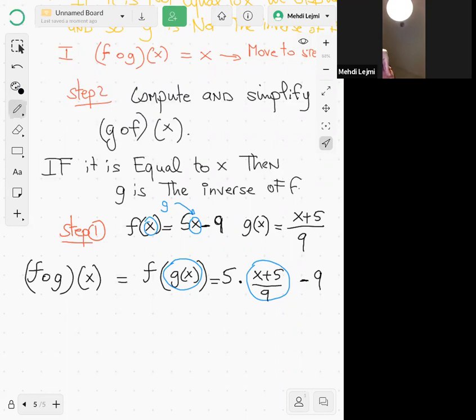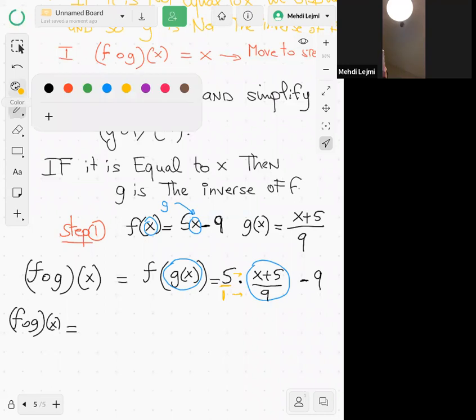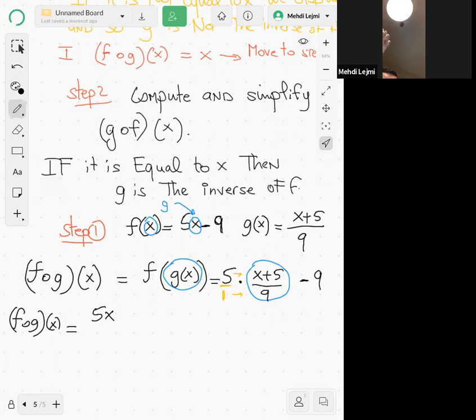So this is f of g of x. We have to multiply by this 5. You can make it a fraction by dividing by 1, so this is 5 over 1. When you multiply straight across, 5 times x is 5x, plus 5 times 5, that's 25, and in the bottom it's just 1 times 9, which is 9, minus 9.